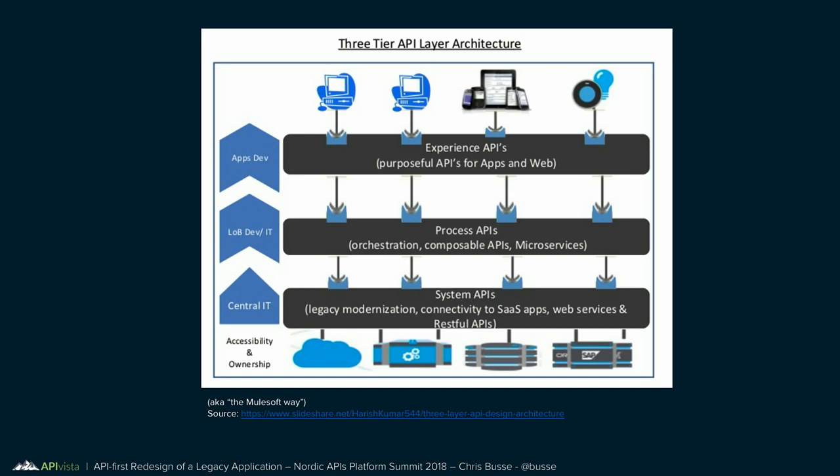The value prop here is that regardless of what mixture of legacy things and new cloud things like Salesforce you have down here, you can write a layer of system APIs and expose a layer of abstraction with similar formats.